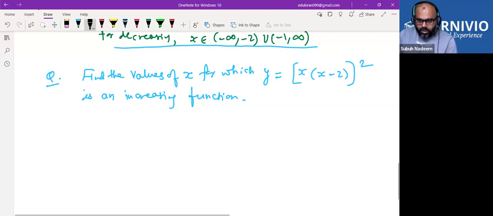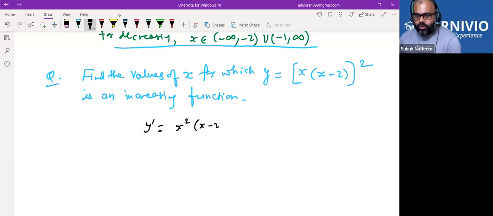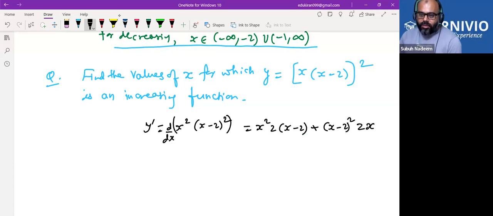So I'm doing it. You will differentiate. It will become x² into the derivative of (x − 2)², plus (x − 2)² into 2x. So it will be x² into 2(x − 2) plus (x − 2)² into 2x. Now you can take 2x(x − 2) as common.